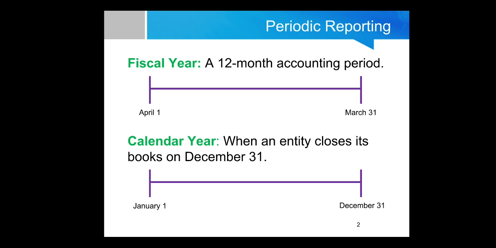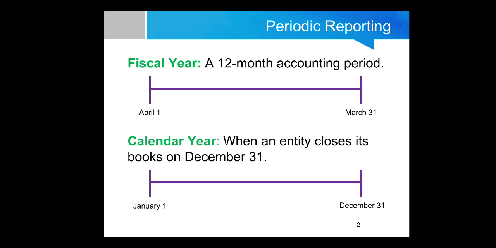Before you learn how to do adjusting entries, you need to know several things related to that step. The first thing you have to know is periodic reporting. I hope you still remember, in topic 1 or topic 2 you have learned about accounting assumptions.